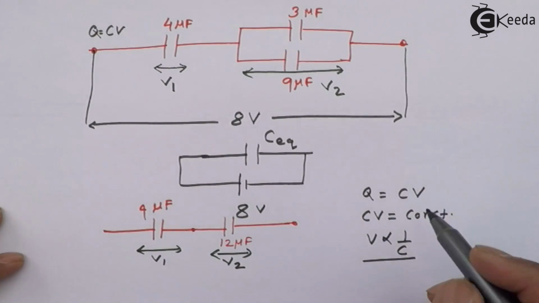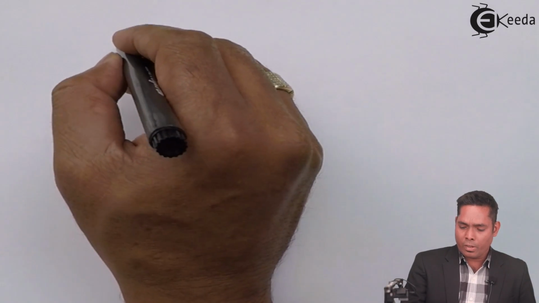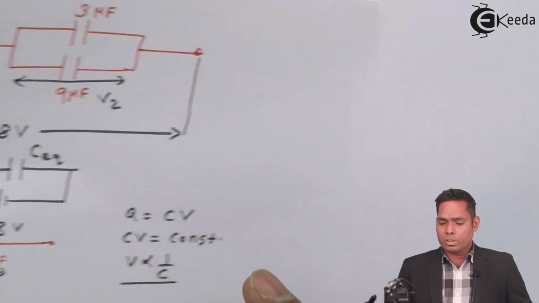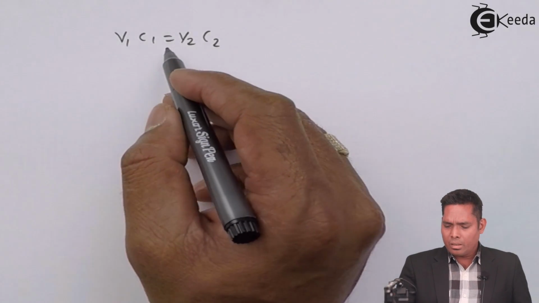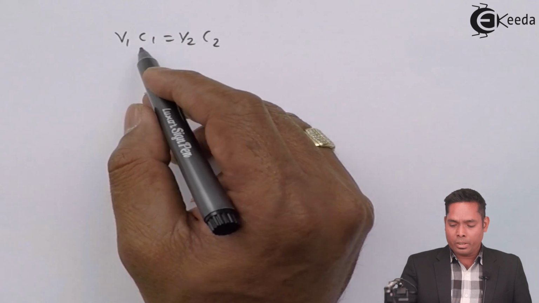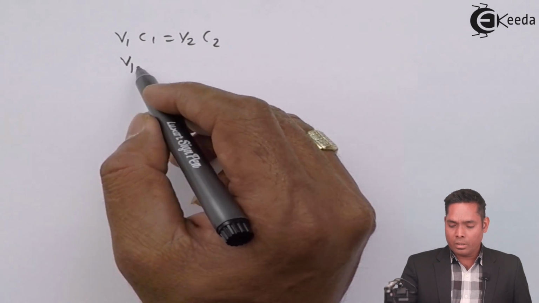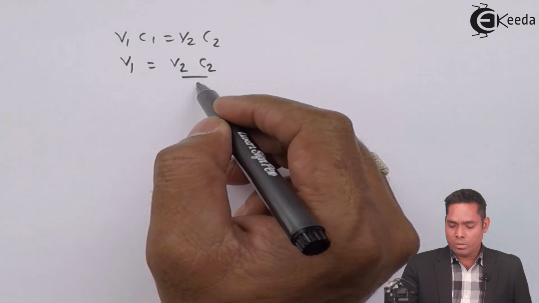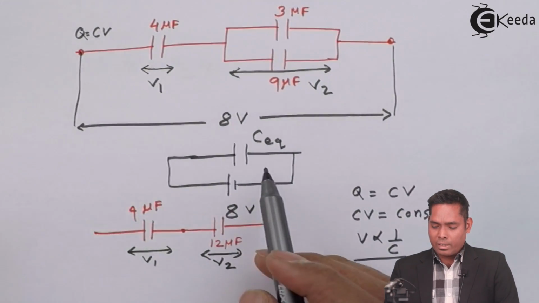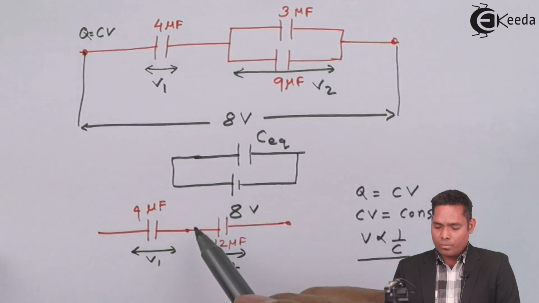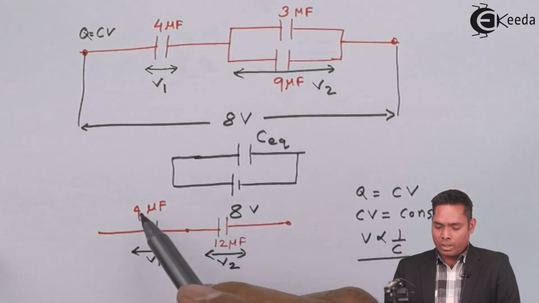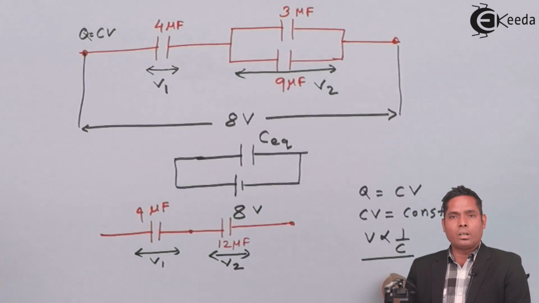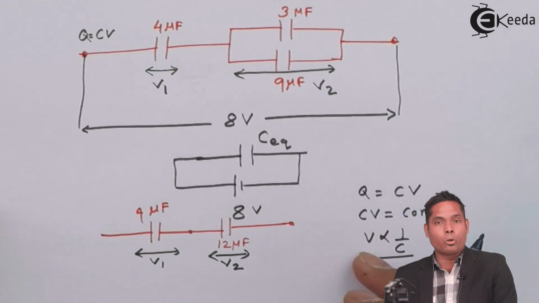So from this we know that V1 C1 is V2 C2. You can see that C1 V1 equals C2 V2. So from here, if I want to find the potential drop V1, then it is V2 C2 over C1, or I can write the equivalent of this and I can drop the potential. So in any way it can divide the capacitance voltage.